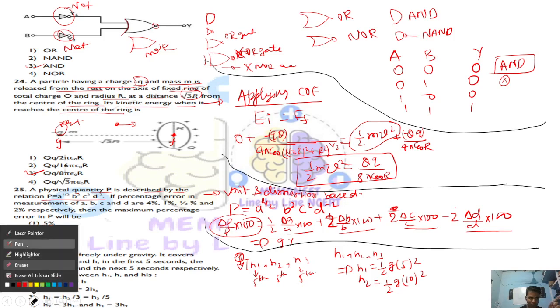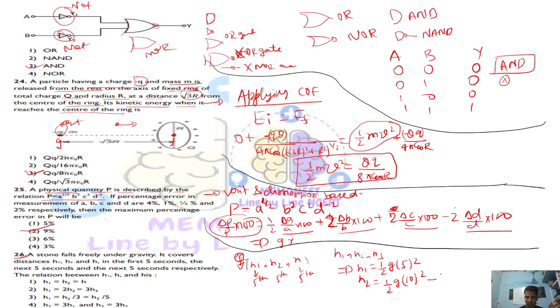In the next 5 seconds, that is 10 square, and h3 will be 15 square minus 10 square, times half g, because in the next 5 seconds it is telling the interval, not from the starting. You need to subtract it out.